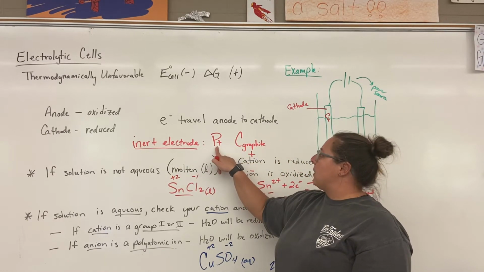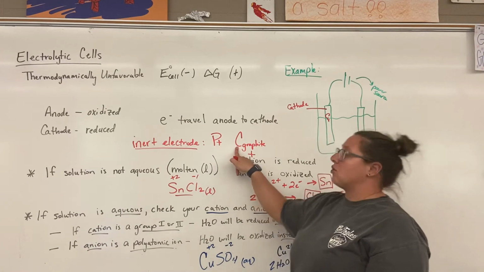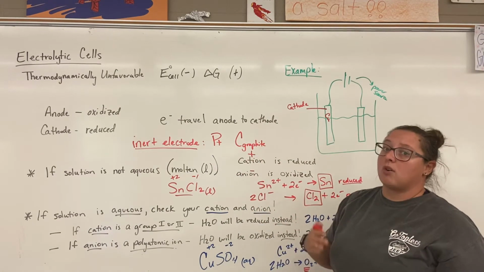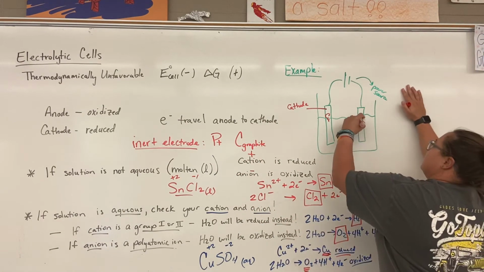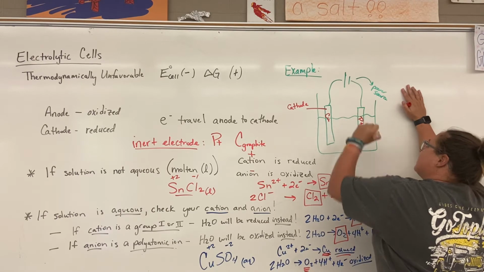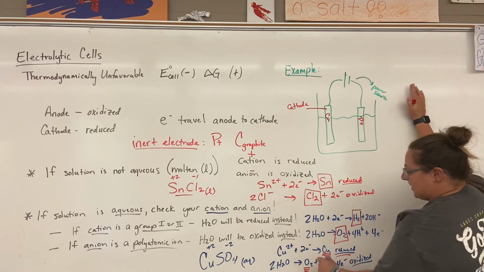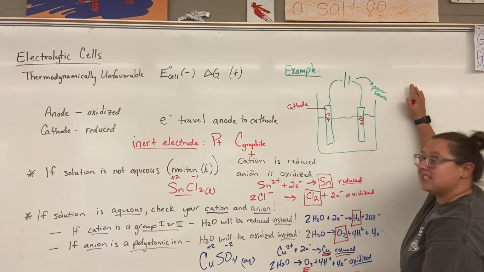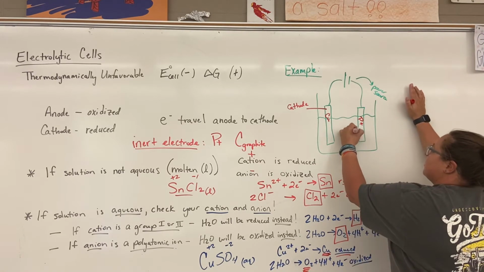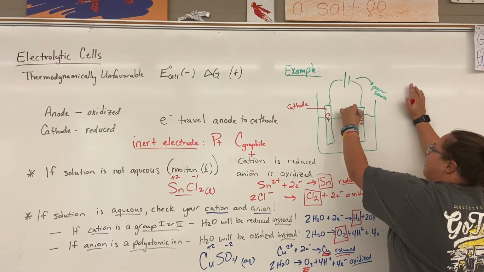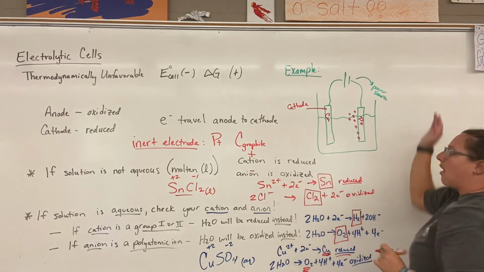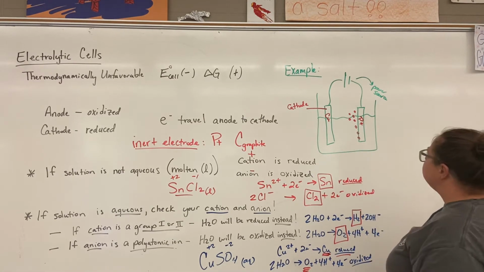So you can use platinum or you can use graphite. You don't have to use both, one or the other. So I'm just going to use platinum for this particular one. It's an inert electrode. And what we will see here, because oxygen is a gas, is little bubbles forming. And those bubbles are going to be our oxygen gas that is present.